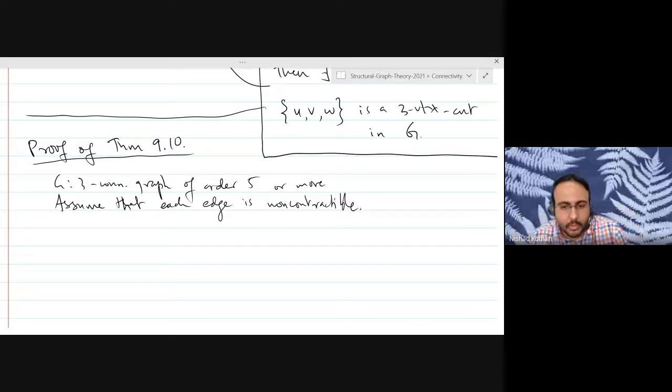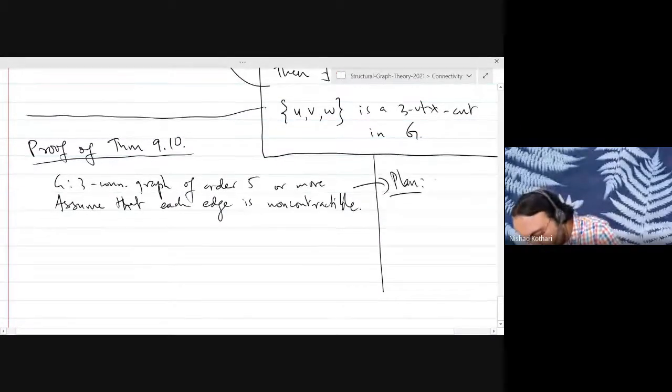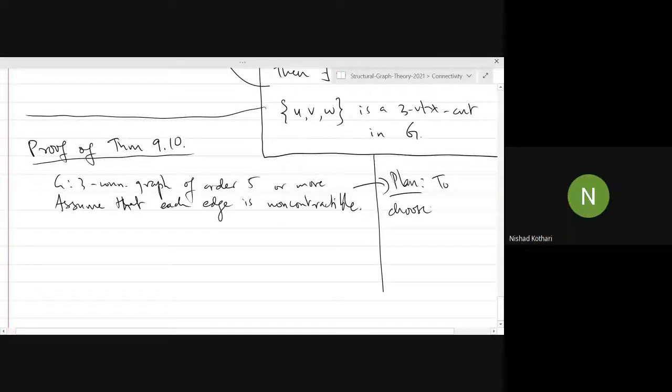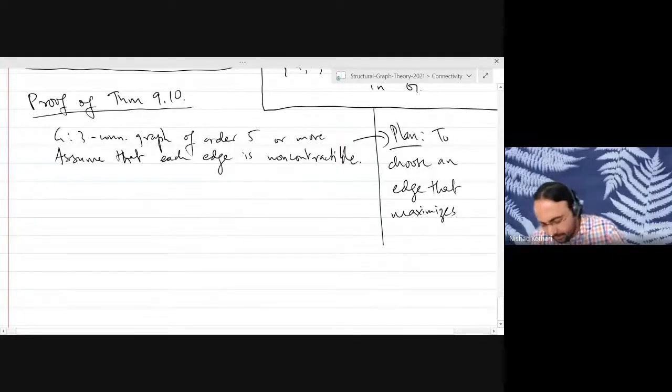So what we will do is we will choose an edge which maximizes or minimizes a certain quantity. So the plan is to choose an edge E that maximizes, and this is actually the proof technique I was hoping to see in assignment 1 problem 3, but actually nobody proved it in that technique, but many people gave correct answers.